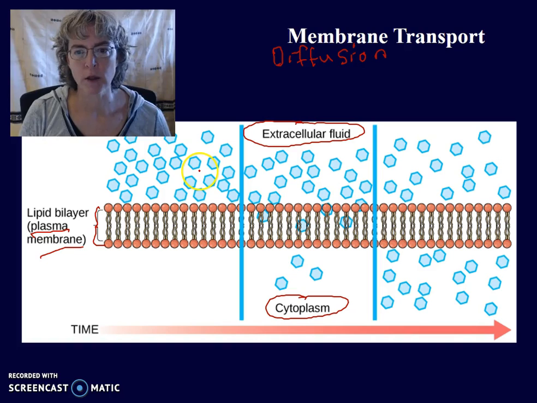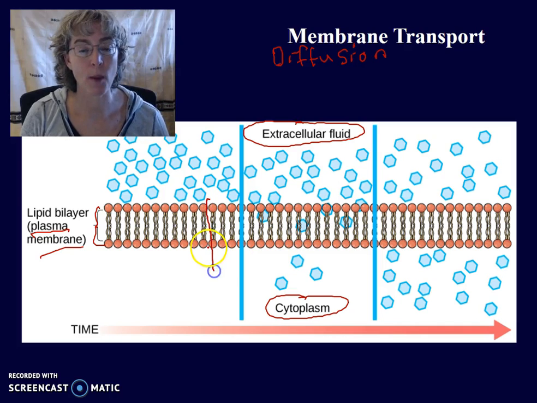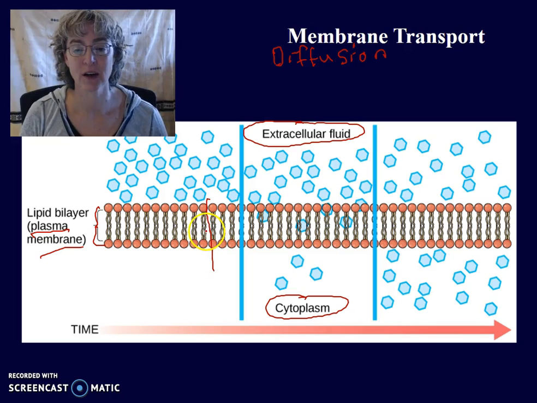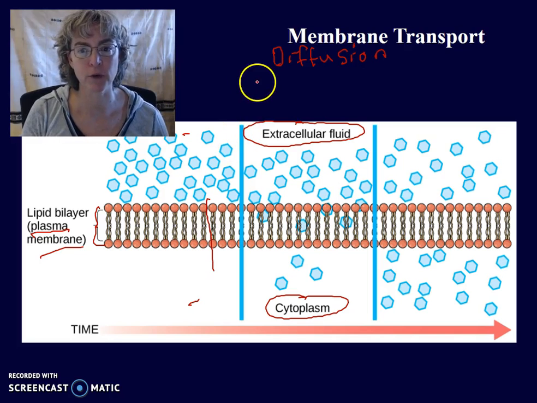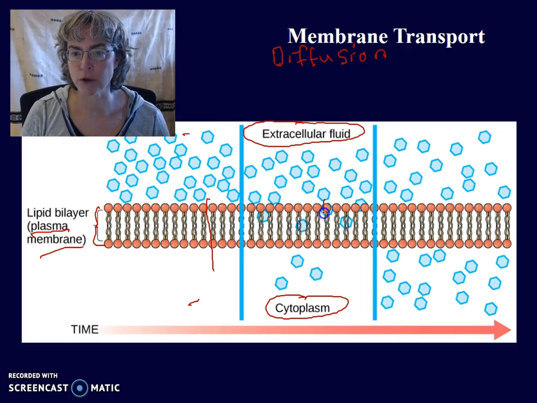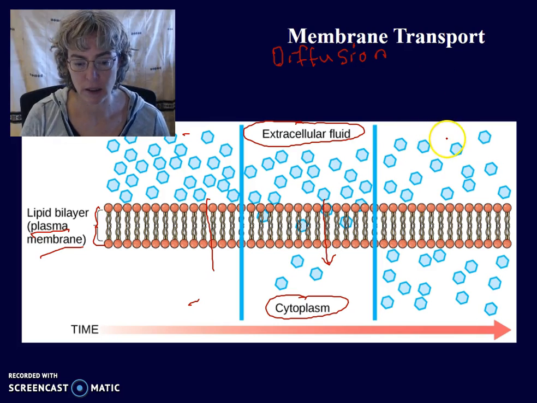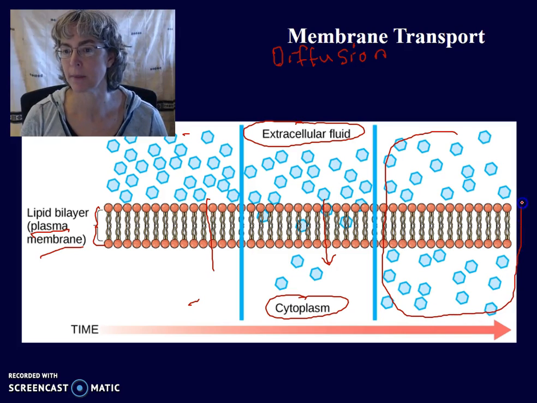There are certain molecules that will just pass right through the cell membrane, almost as if it's not even there. And it will flow from an area of high concentration to an area of low concentration, because remember, that's our definition of diffusion. They will just go straight through the membrane until there's an equal concentration across this whole space.